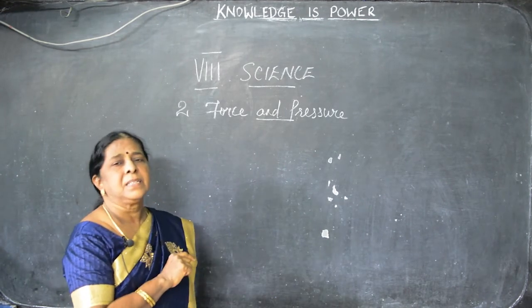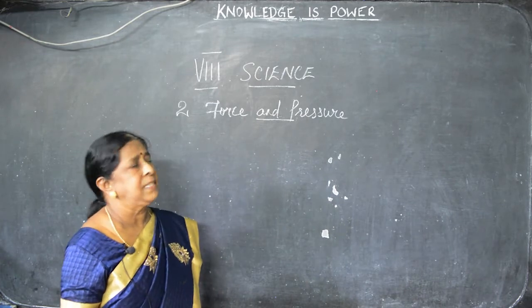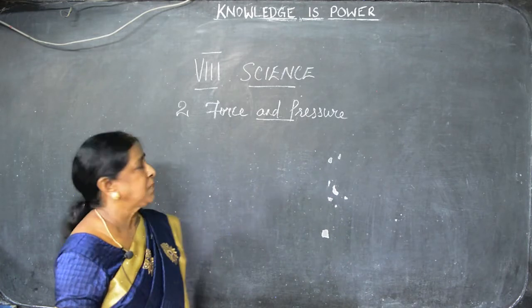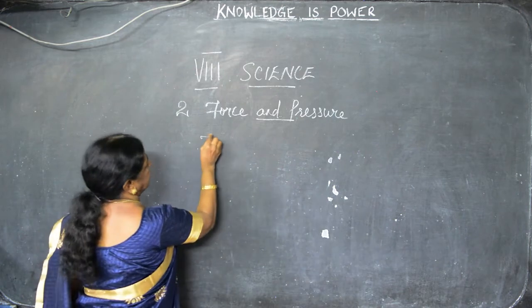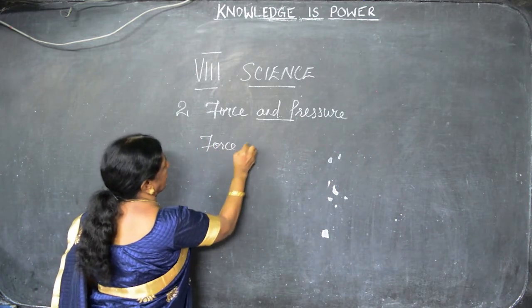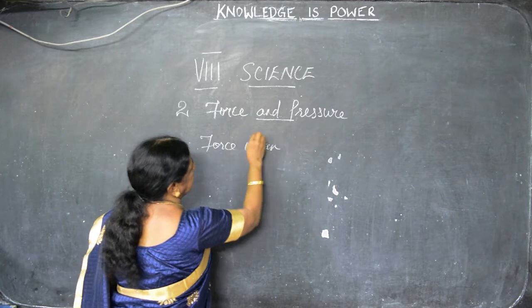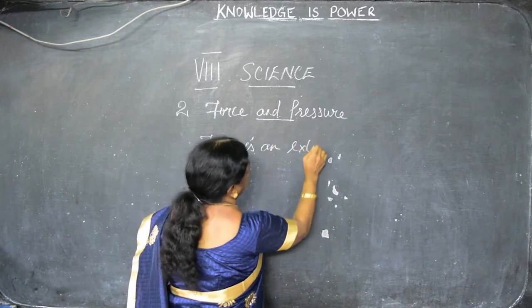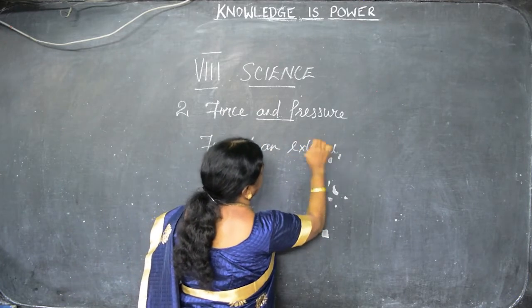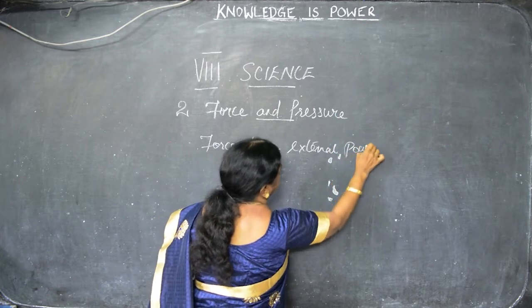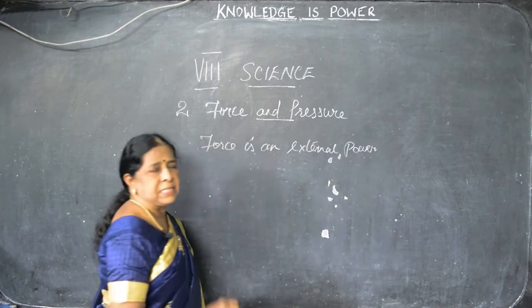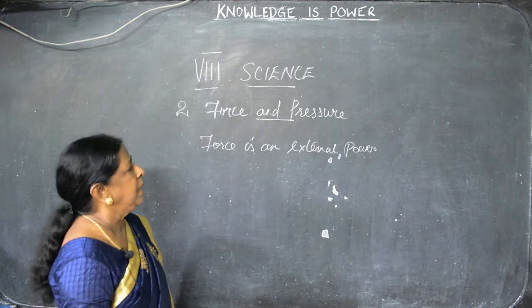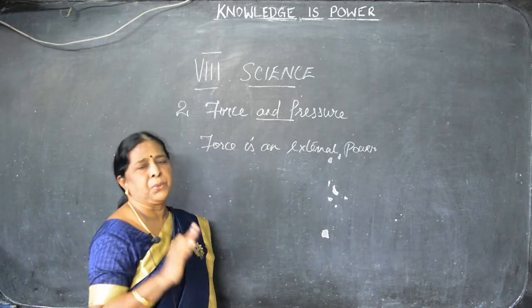Force is nothing else. It is an external agency that acts on a body. What is force? It is an external power. Force is an external power that acts on a body and makes the body move or rest.